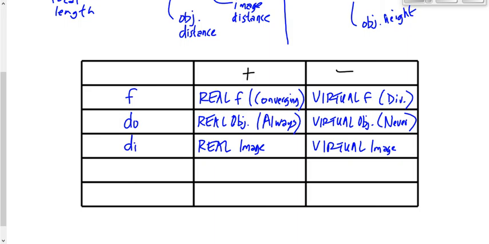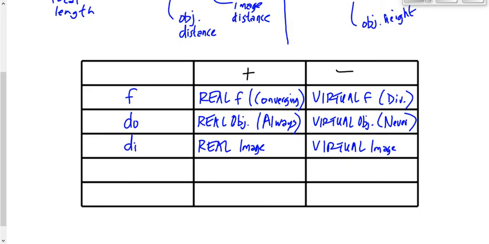I don't want you to guess, but if you have to guess, what should you guess? You should guess that it's virtual. Di is negative, because you're twice as likely to be correct if you're guessing Di is negative, right? You've still got a 33% chance of being wrong, but at least you've got a 66% chance of being correct.